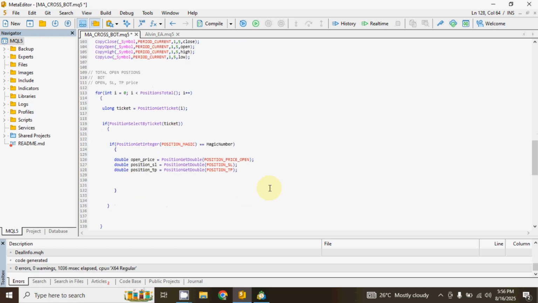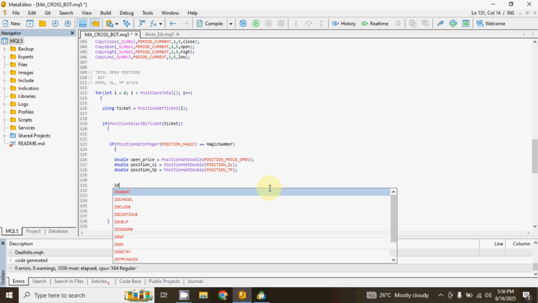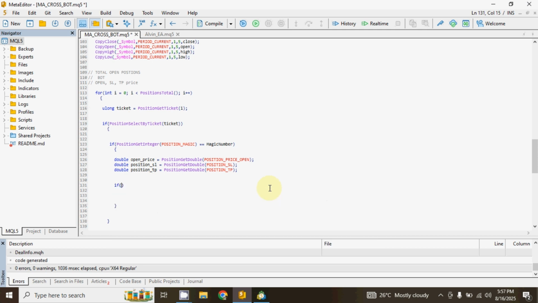So now we can start writing our conditions. So the condition will be if we need to know if the current position is a buy position, right?